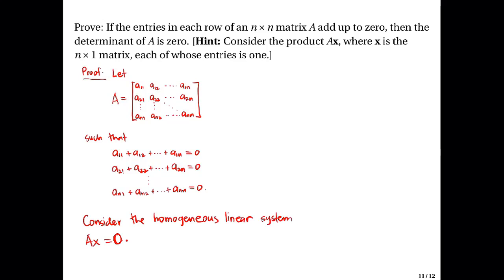Then the 0 column vector is a solution. The 0 column vector, it's your trivial solution.